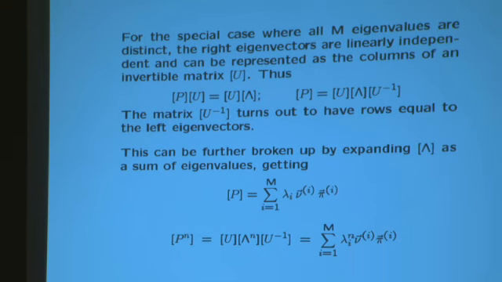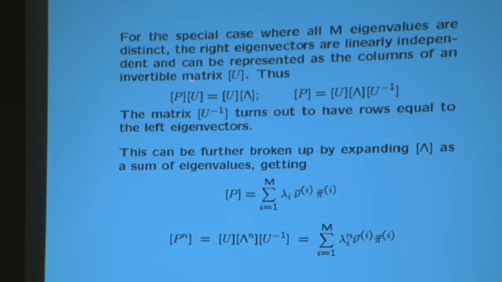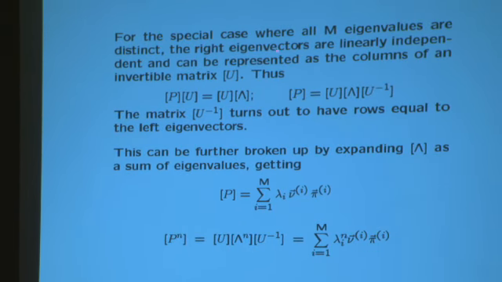You remember that proof we went through that all of the left eigenvectors and all the right eigenvectors are orthonormal to each other, or you can make them all orthonormal to each other. That says that if the right eigenvectors are linearly independent, you represent them as the columns of an invertible matrix U, then P times U is equal to U times lambda.